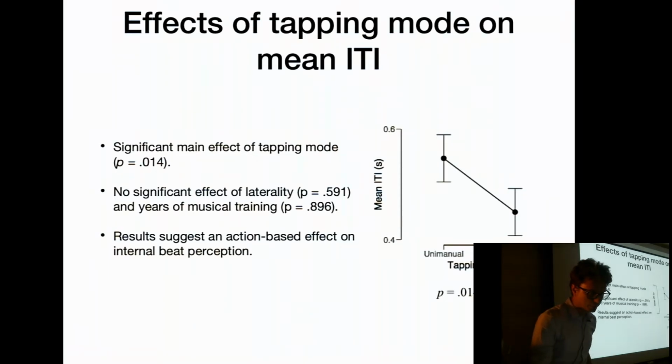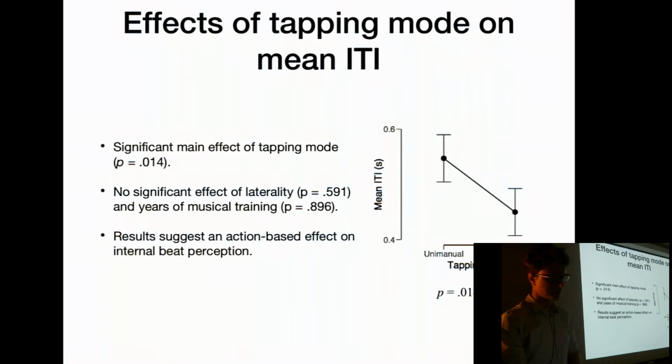We interpreted this result as an action-based effect on internal beat perception. This perhaps resonates with an active account of music cognition, meaning that the way you move to music affects the way you perceive it. So here, the task that they were asked to perform somehow had an effect on the internal beat perception.